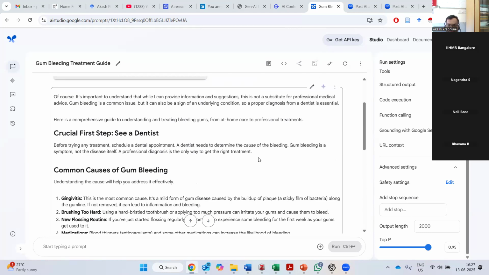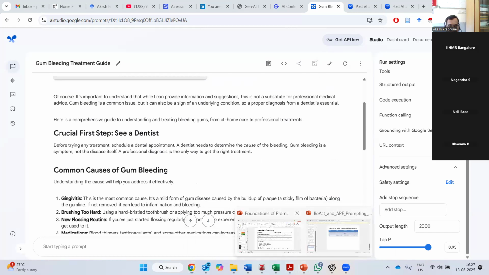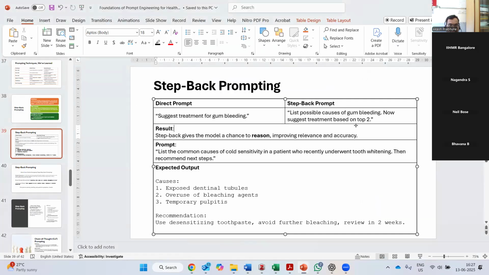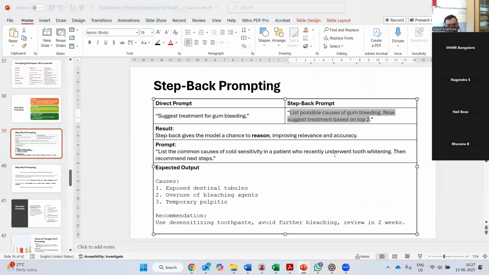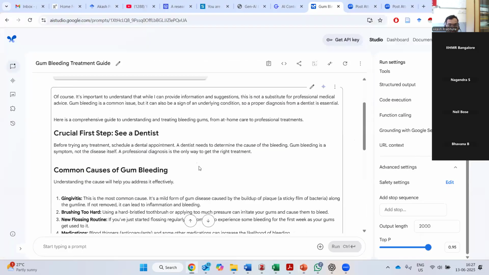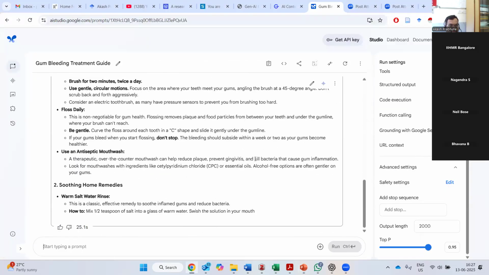Anyone can also try on ChatGPT, Grok, whatever you have. Anyone has tried? What is the output?